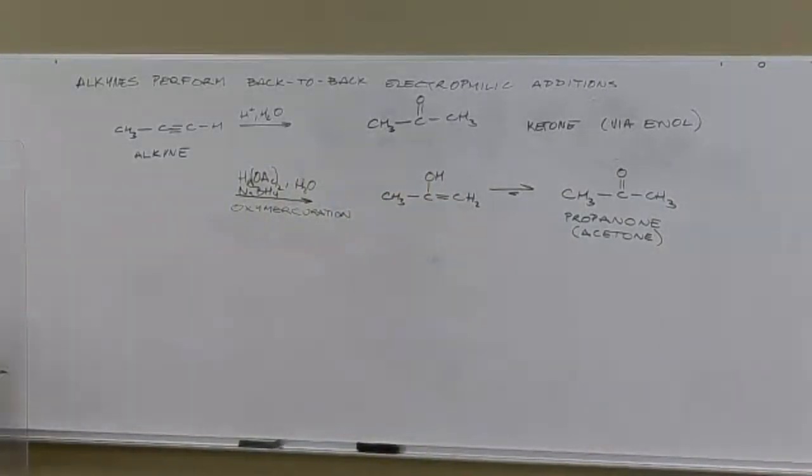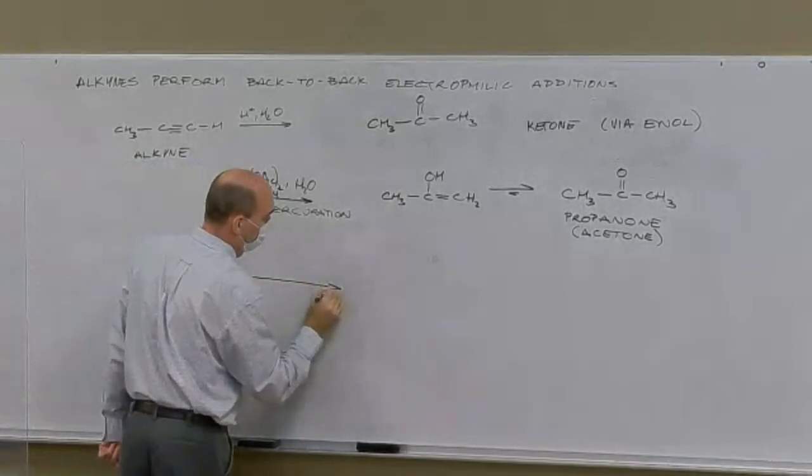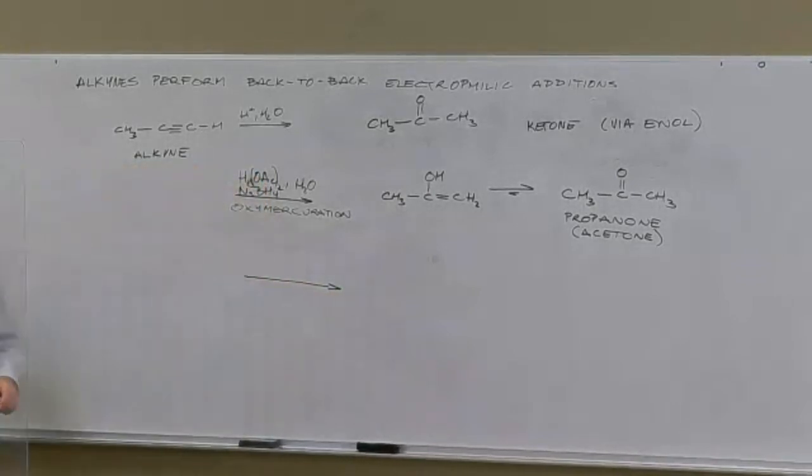Okay, that was one named reaction. What was the other named reaction? How about the reaction that generated the anti-Markovnikov addition of water across a double bond to make the anti-Markovnikov alcohol?